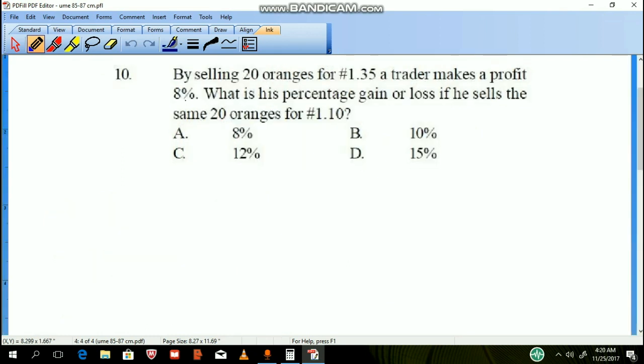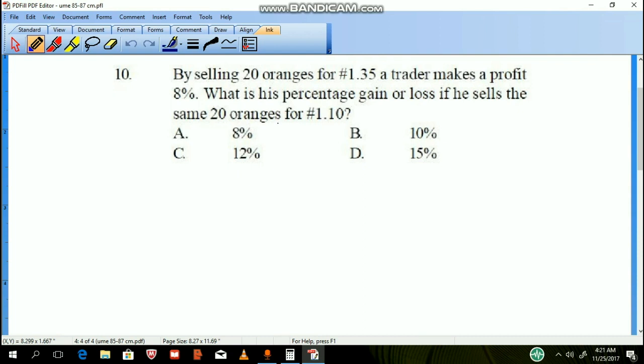For question number 10, we are told by selling 20 oranges for 135 kobo, a trader makes a profit of 8%. What is his percentage gain or loss if he sells the same 20 oranges for 1.10, that is 1 naira 10 kobo?